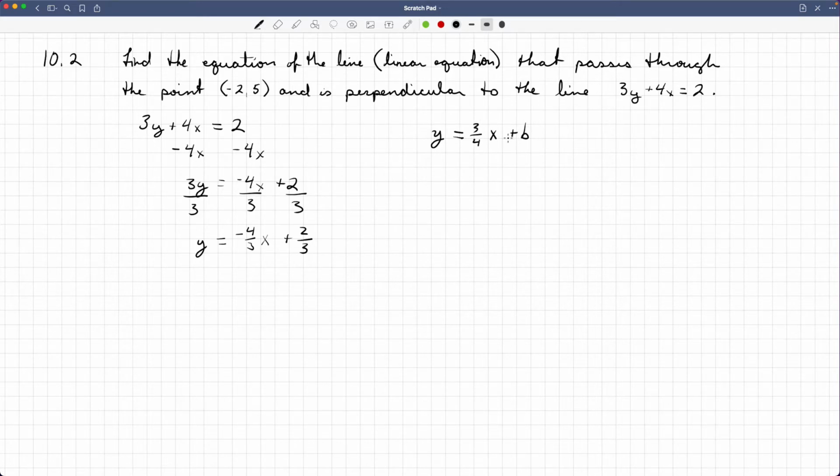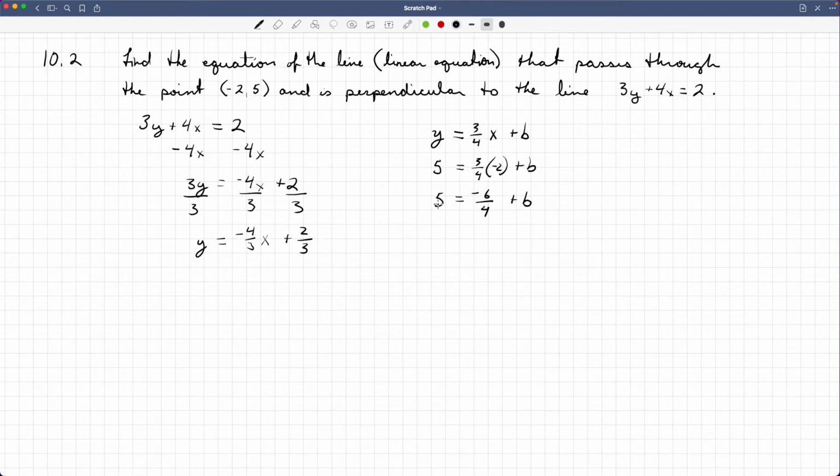We're going to do the same thing that we did before. We're going to pick a point, which is the only point we are given, and substitute it in for the y and the x. So we're going to say 5 is equal to 3/4 times -2 plus b. 5 is equal to -6 over 4 plus b.